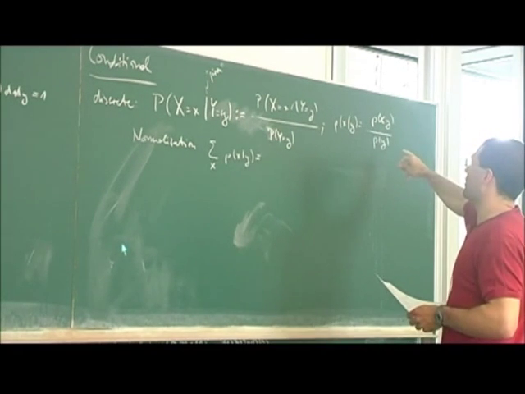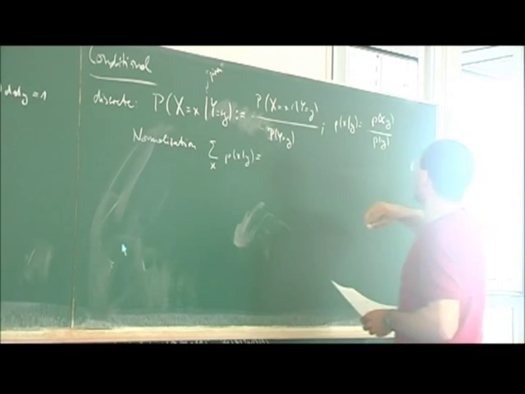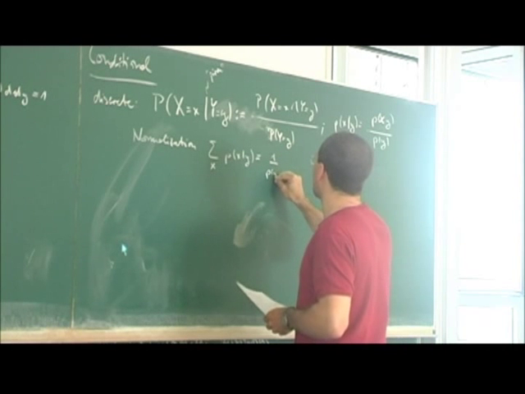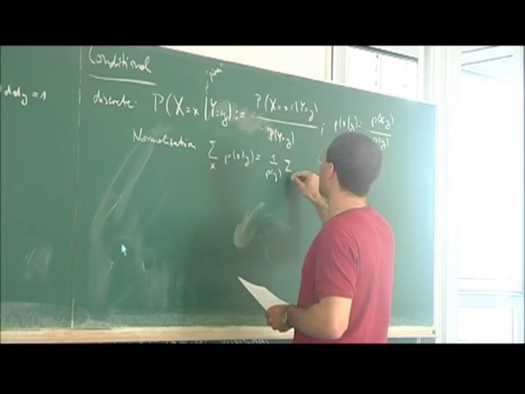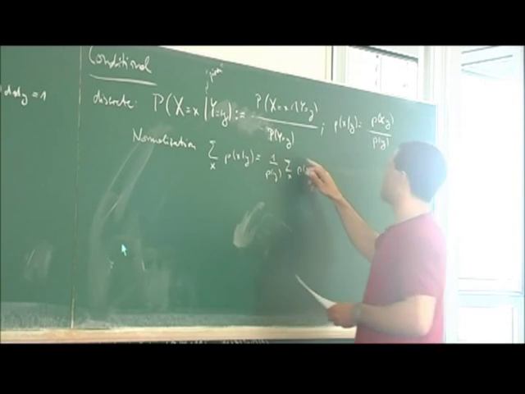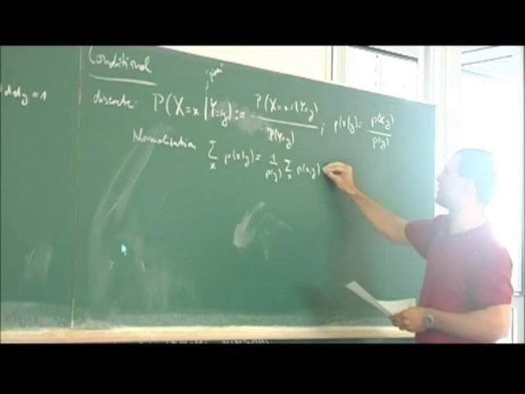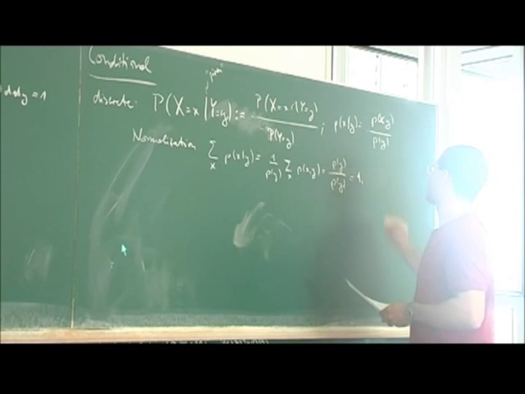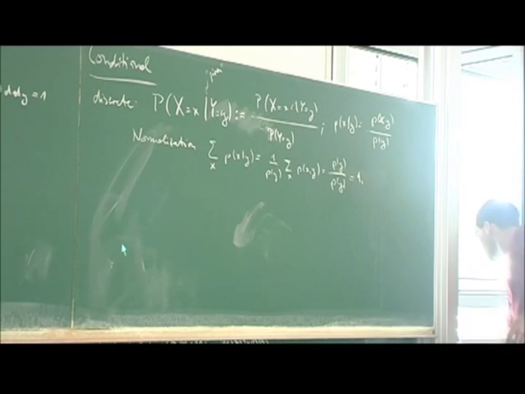By using the definition here, we had 1 over p of y times the sum of the joint. And this is the definition of the marginal. So we have P of y divided by P of y, which is 1, as desired.